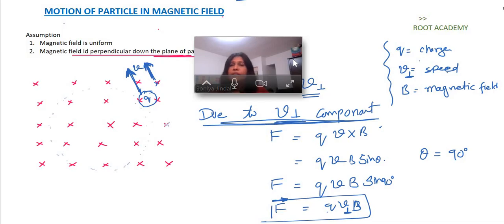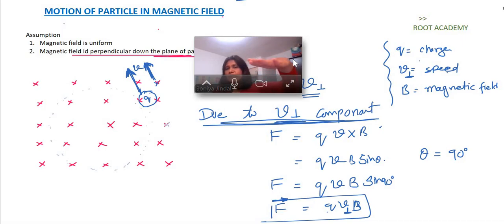So here I am trying to show you the direction of force. We will use the right hand thumb rule to find the direction of force. The fingers should be in the direction of V, and then you curl them in the direction of B because the magnetic field is downward. Where the thumb is showing, that is the direction of force.